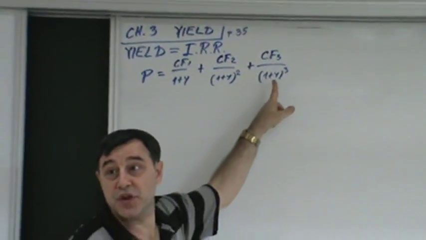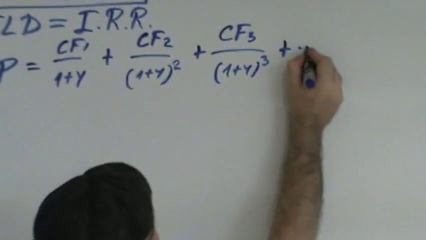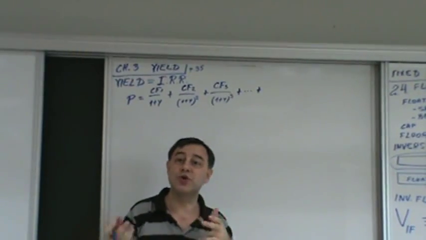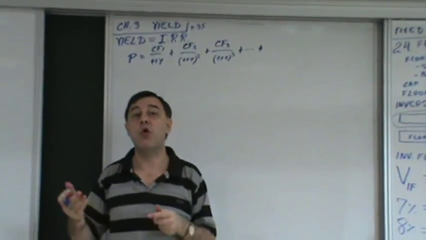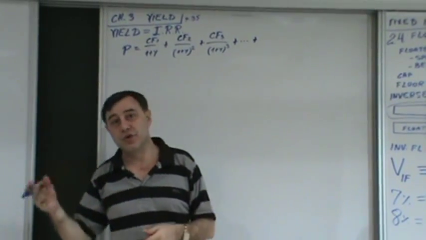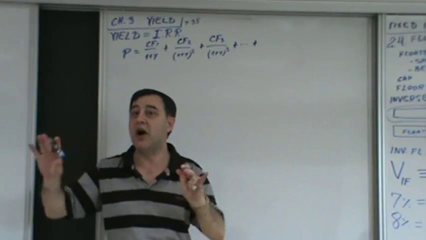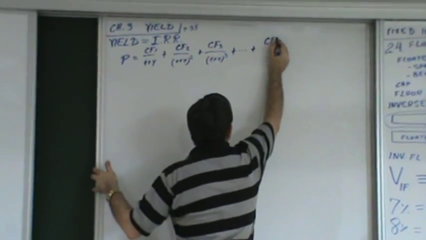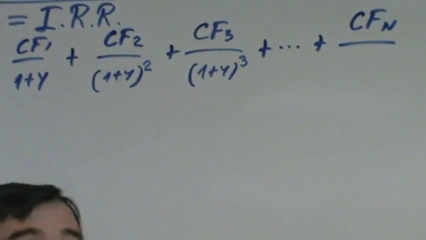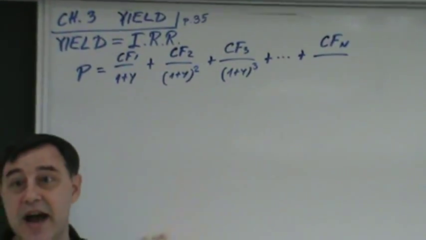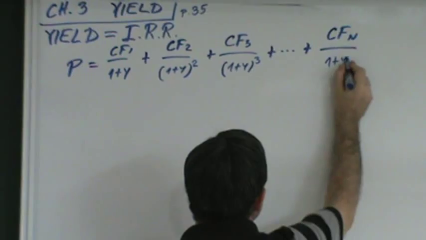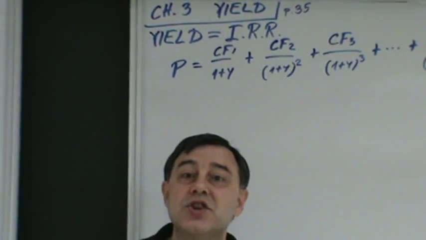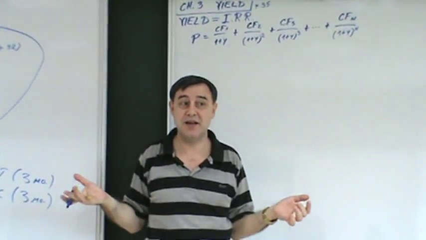Again, discounted cash flow for the third year, plus a few more years, and the last payment, whether with a principal or no principal, whether it's a project for an oil refinery or dorm or university, for any cash flow of any project or any security, cash flow N will be the last cash flow, over 1 plus Y to the power of N. And that's the so-called present value formula, okay?